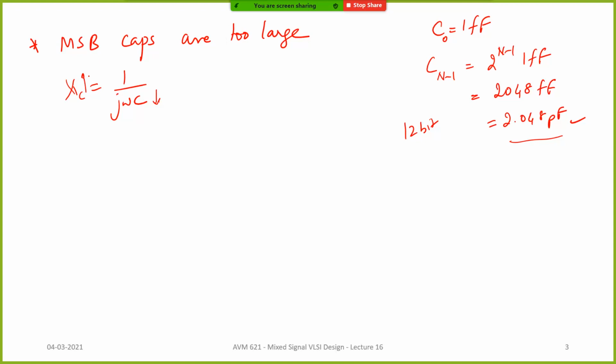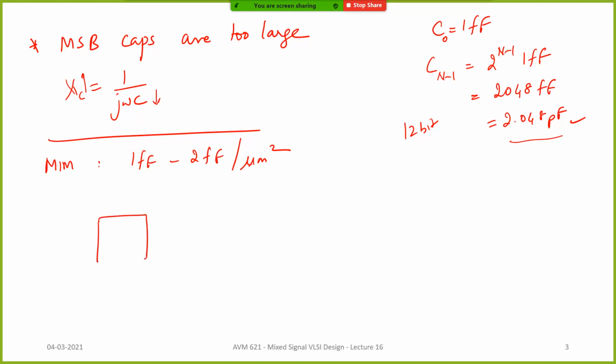All right. So let's say I'm having a 1 femtofarad capacitance. Typically, MIM density will be 1 to 2 femtofarad per square micron. That is to say, if I put a 1 micron cross 1 micron MIM, I will have 1 femtofarad. Let's just take 1 femtofarad for now. Now, you have to connect this capacitance, right?